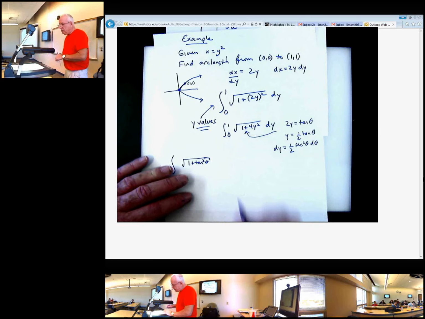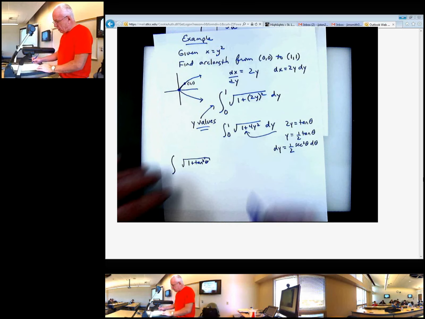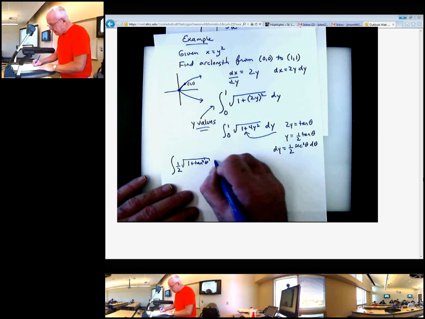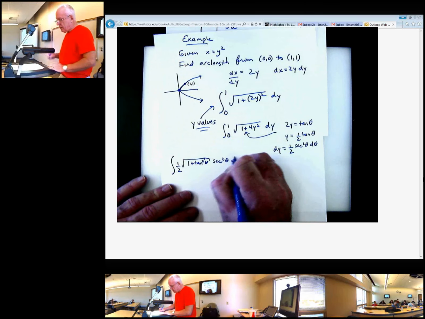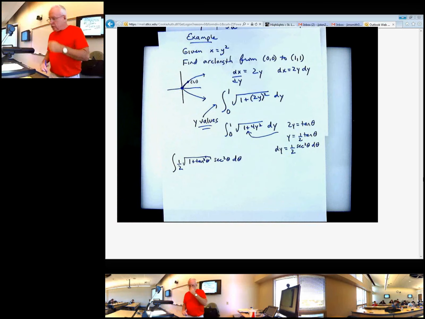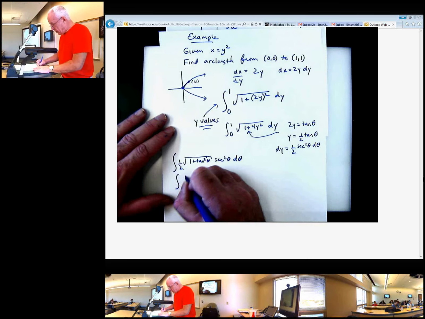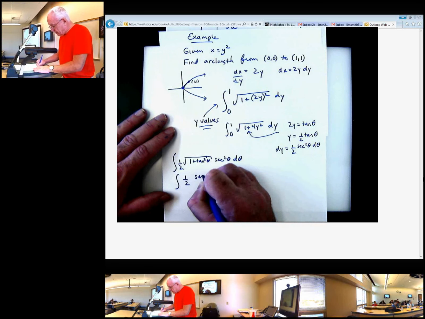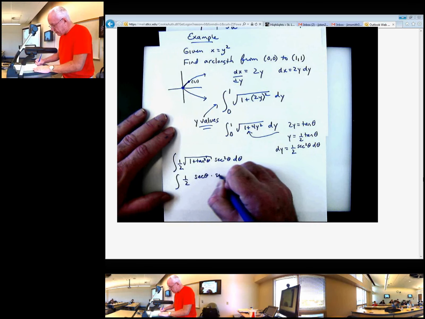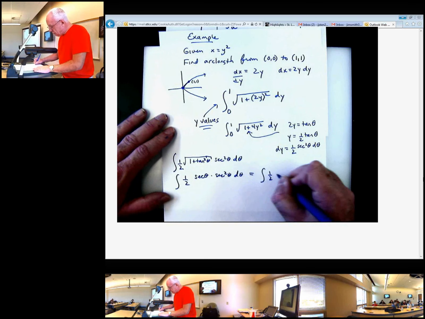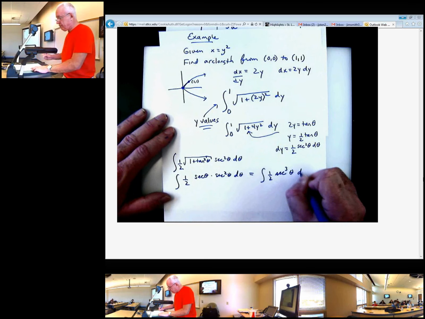And then our dy, let's put the 1/2 in front, and then we have still a secant squared theta d theta. All right. So this can be further simplified because 1 plus the tangent squared is equal to the secant squared. So this is 1/2 of the secant of theta times the secant squared of theta, which is 1/2 secant cubed of theta d theta.